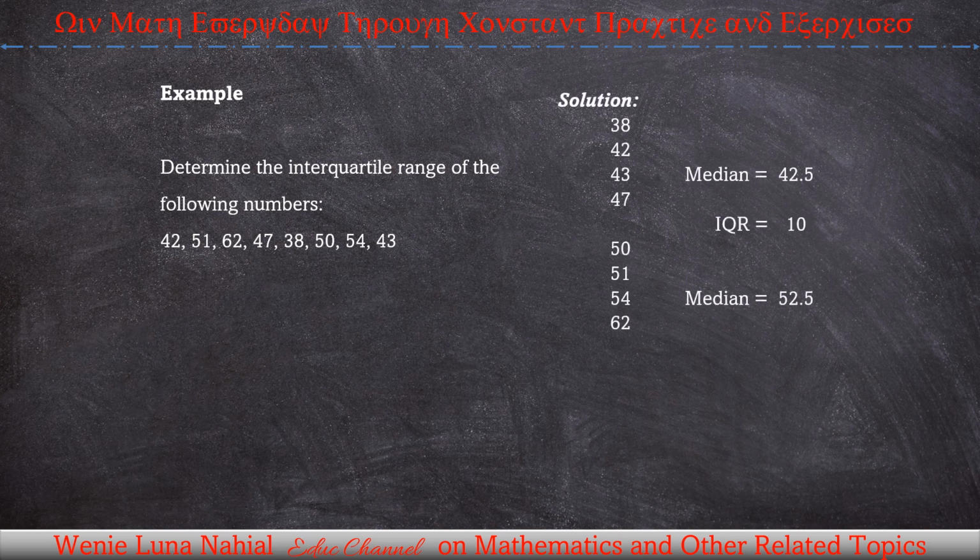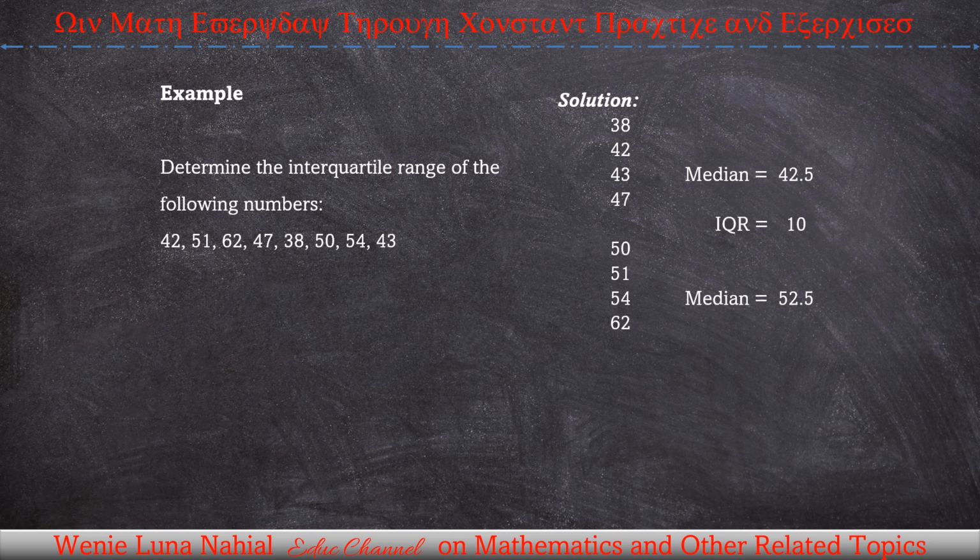The smallest data point or observation is 38 and the highest is 62. Notice also that we have an even number of observations. So, the lower half are 38, 42, 43, 47, and the upper half is 50, 51, 54, 62.